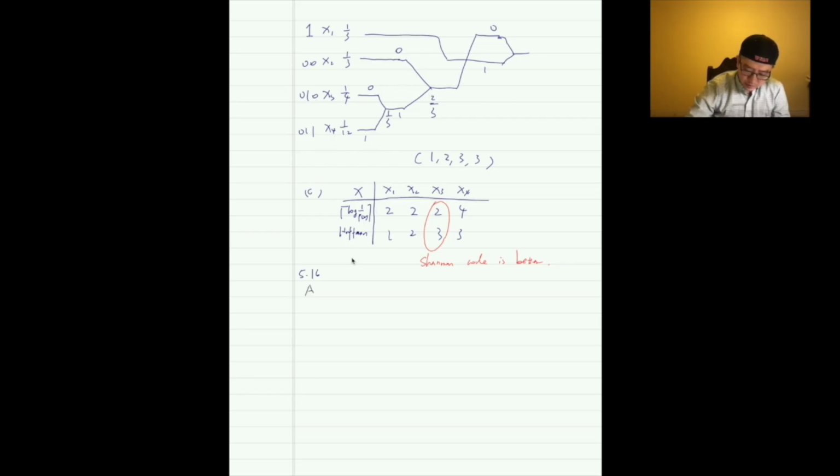We have A, B, C, D, E, F, and the probabilities are 0.5, 0.25, 0.1, 0.05, 0.05, 0.05. For the binary Huffman code, we'll just do the usual stuff: 0, 1, here 0.1, and then we can shift it up to here and keep everything else at the same location.